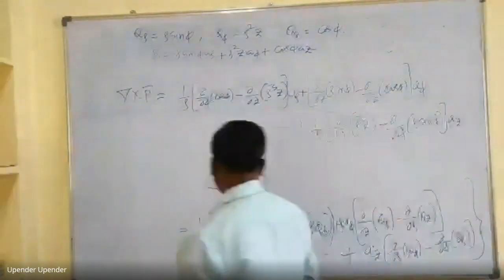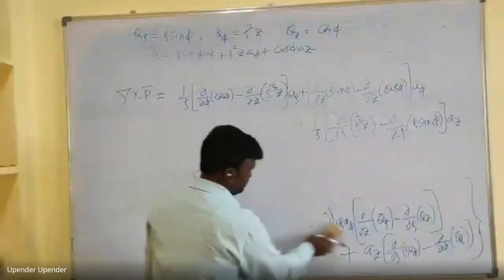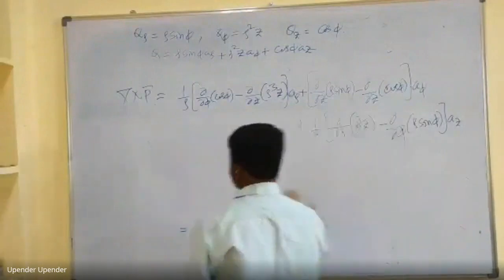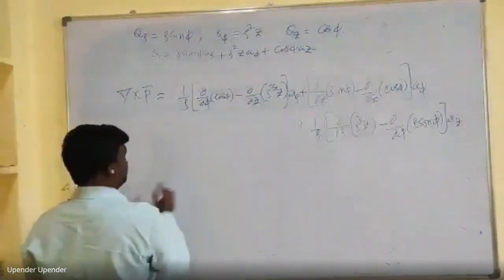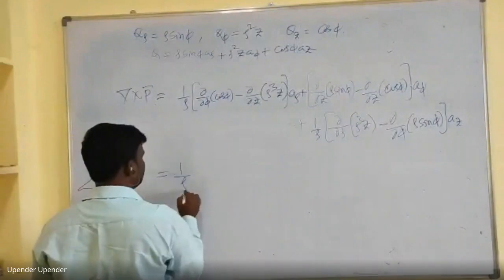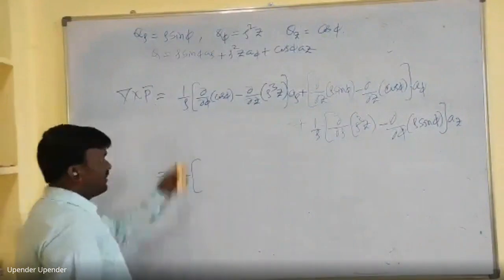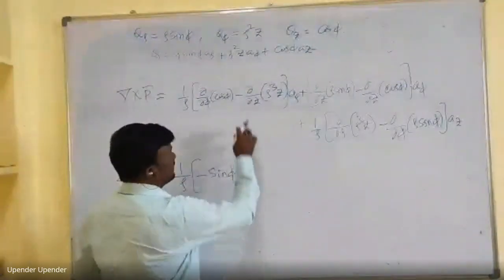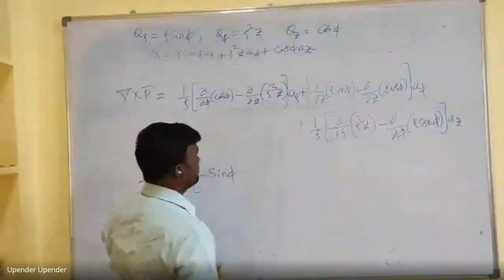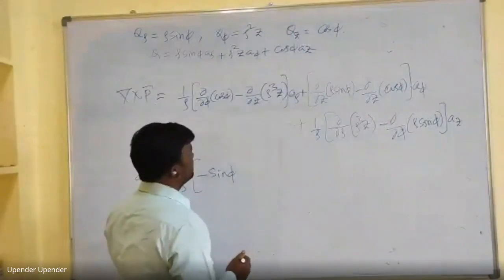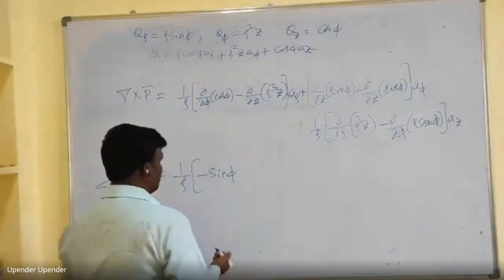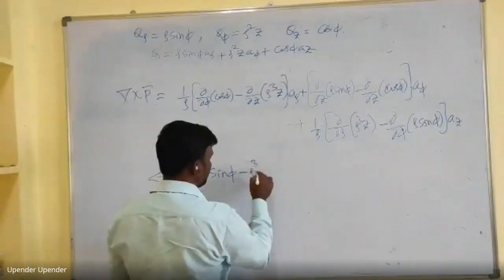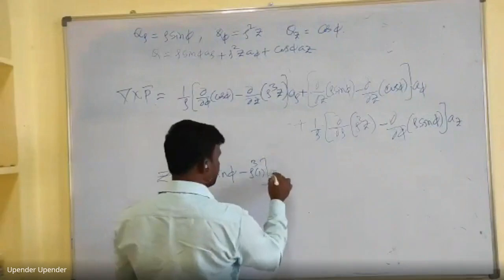And simplify this one, you will get 1 by rho into the differentiation of cos pi with respect to pi, which means minus sin pi. Differentiation of this one with respect to z means minus rho cube into 1, of course it is a rho.